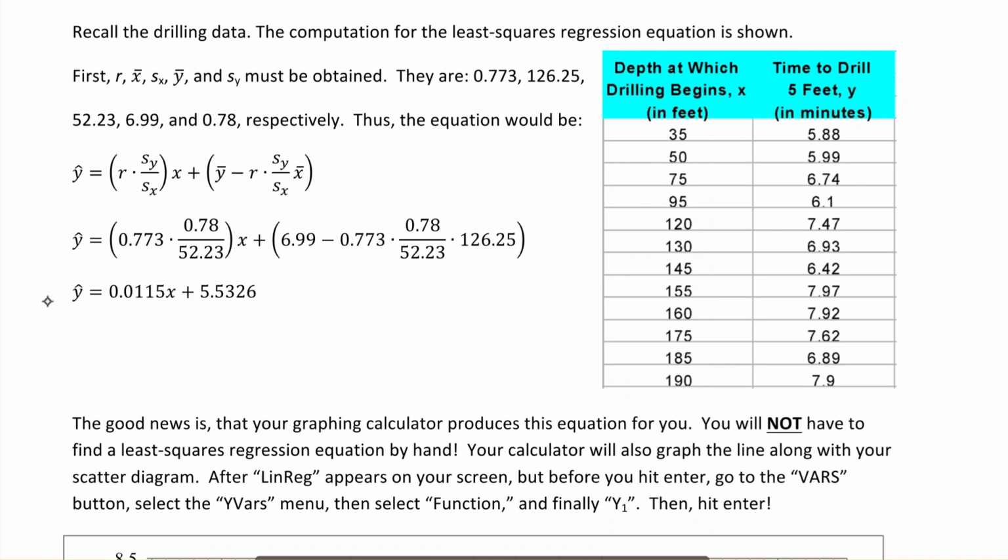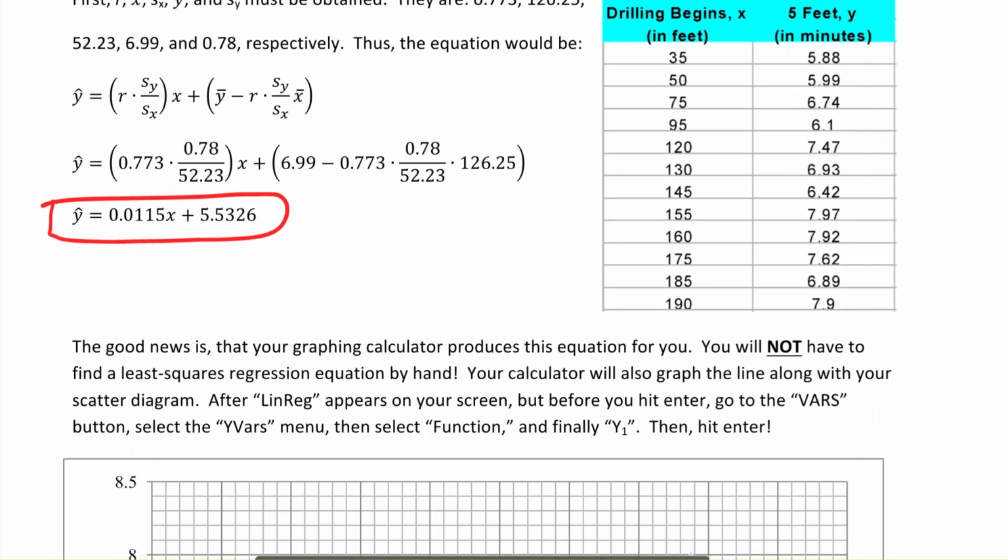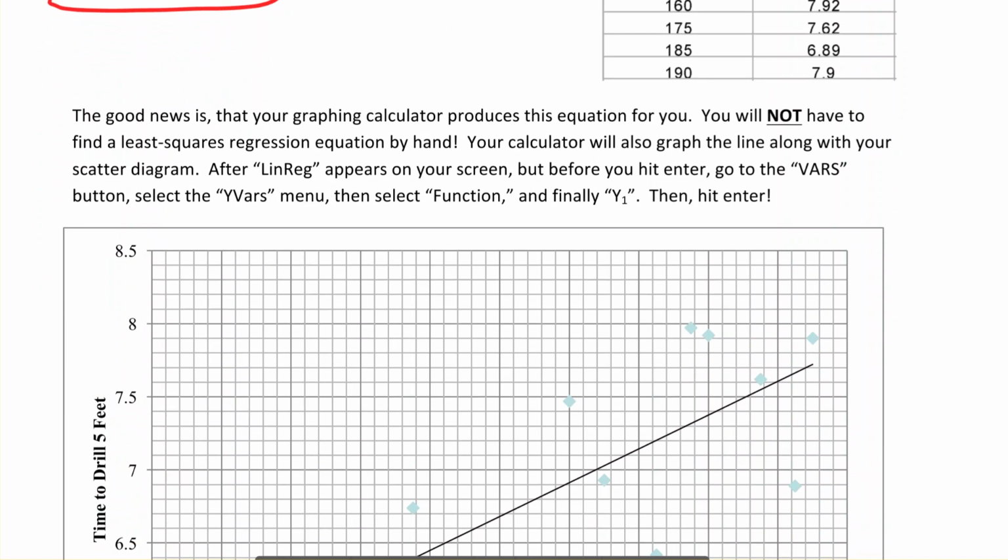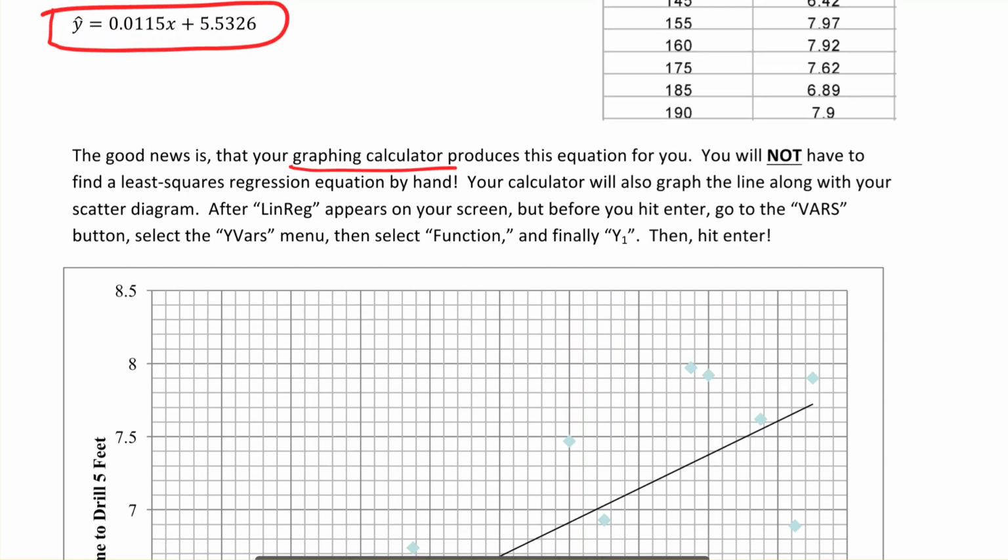So here we obtain this equation using the formula or a calculator, or it's given in the problem. So this is the rock drilling example we saw earlier. So it's a linear regression line. Okay. So again, the graphing calculator or online calculator that I'll be doing in video 2 does this for you.